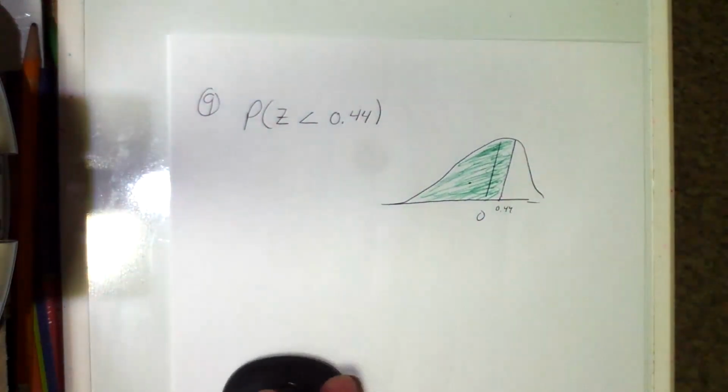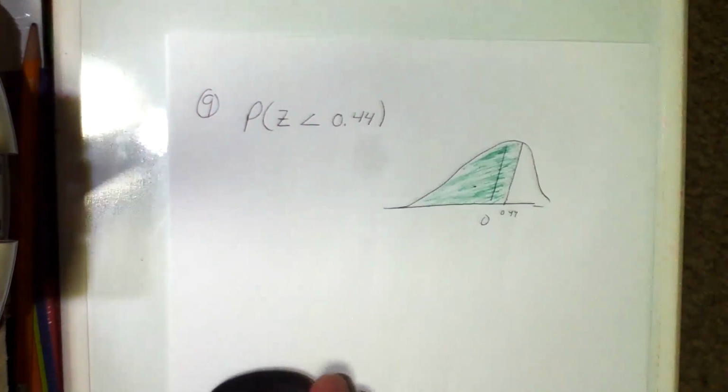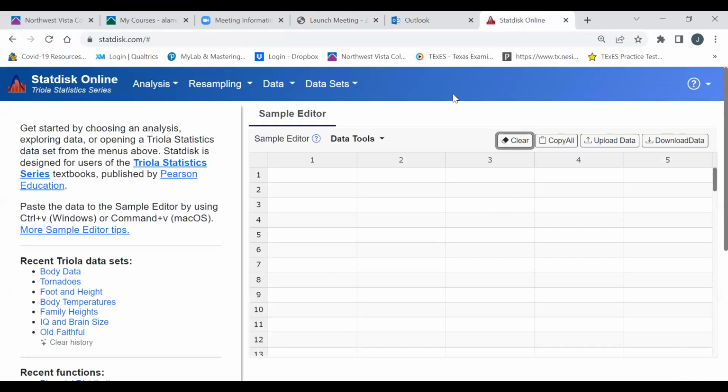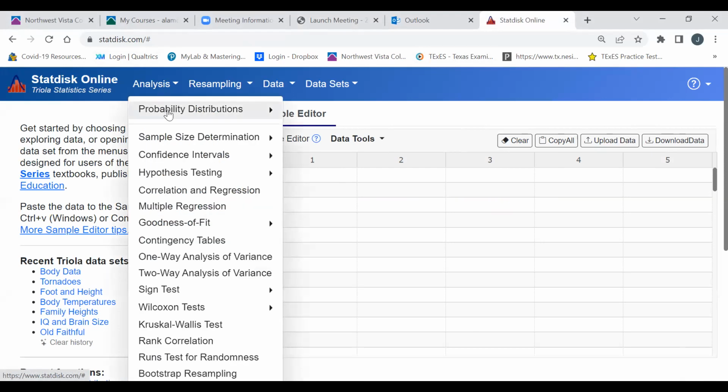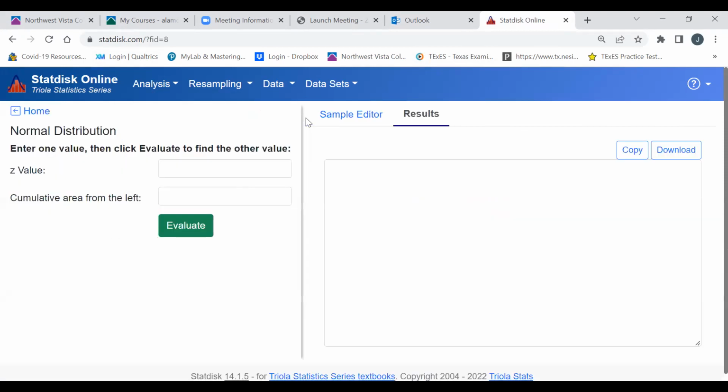Let's go to StatDisk and I'll show you the steps. On StatDisk, you go to the tab at the top, Analysis. You click on Probability Distribution, and you click on Normal. Analysis, Probability Distribution, Normal. You click those three and you should get this window.